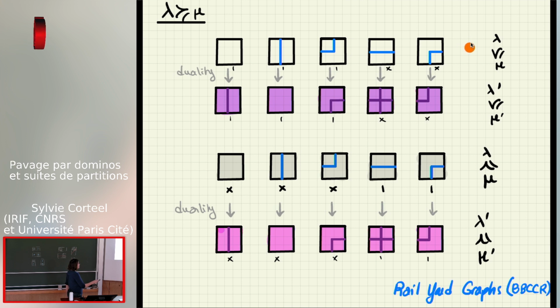And if I take off, by duality, a vertical strip, then the vertex I can't have is this one. So you can translate these sequences of partitions as computing the partition function of five-vertex models.